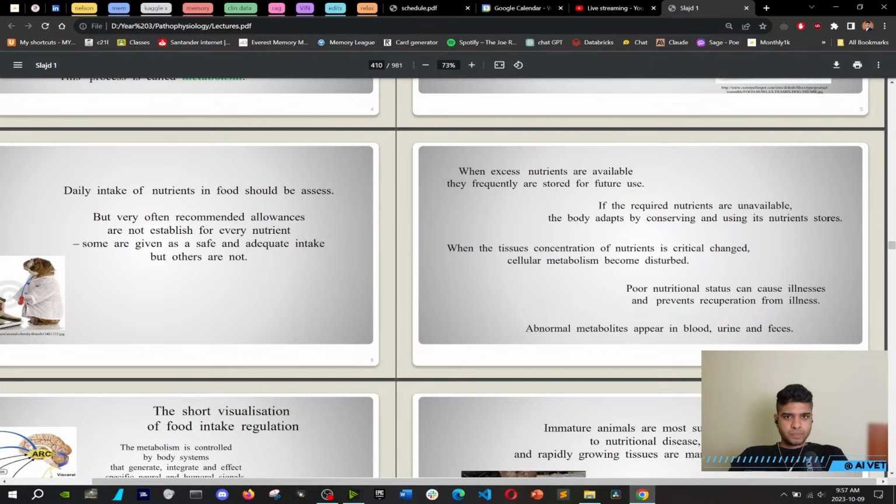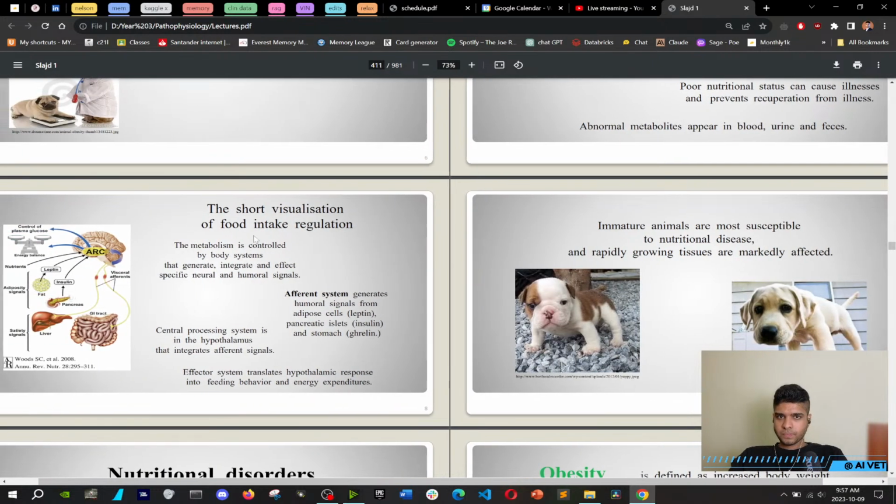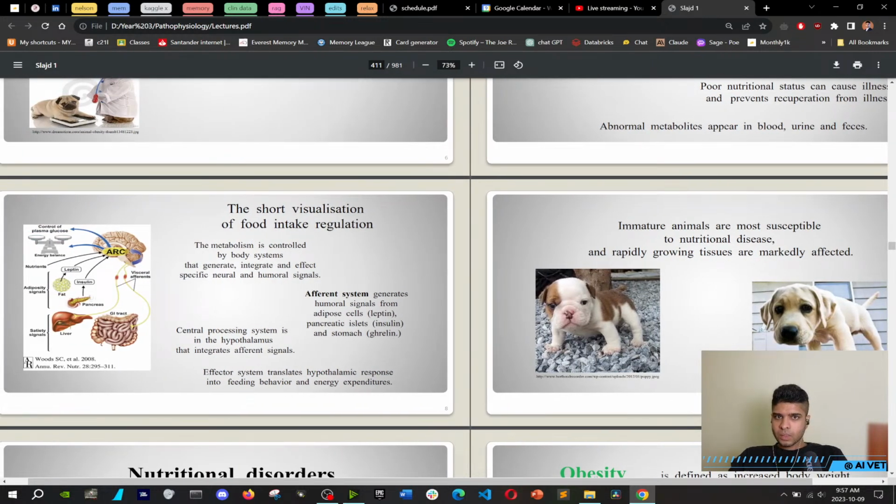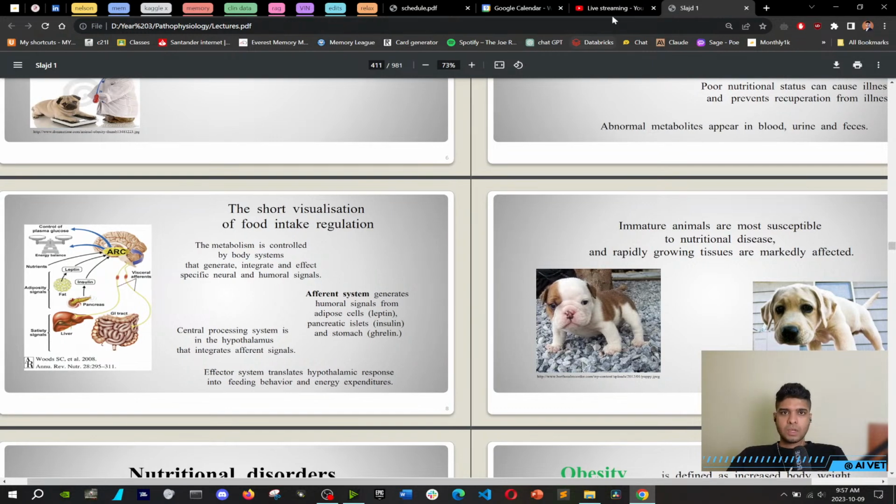Okay. Controlled by body systems that generate integrated effect and specific neural and hormonal signals. Afferent systems generate humoral signals and adipose tissue.